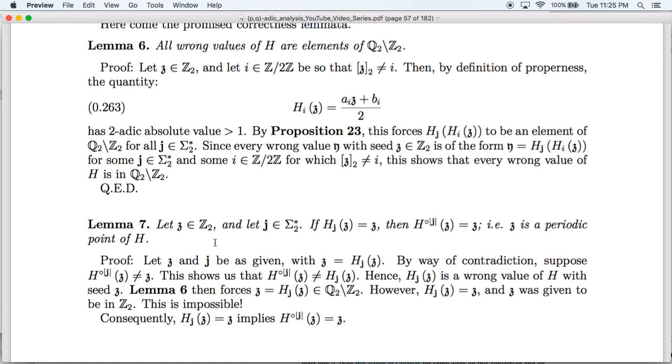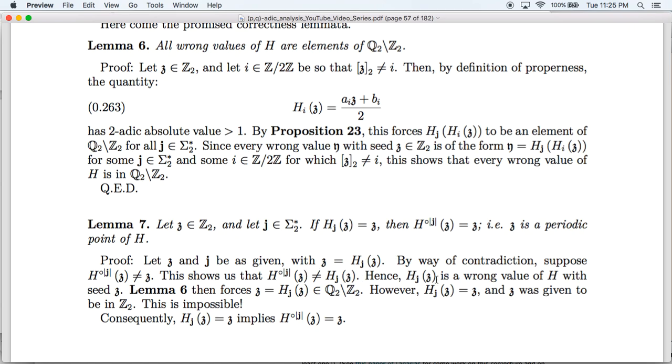So let Z and J be as given, with Z equals H bold J of Z. By way of contradiction, let's suppose that the conclusion fails. Then Z is equal to this thing, and Z is not equal to this thing, so these two quantities must be different.